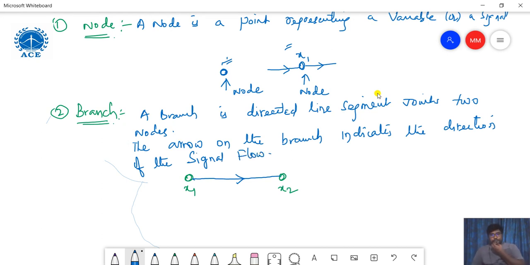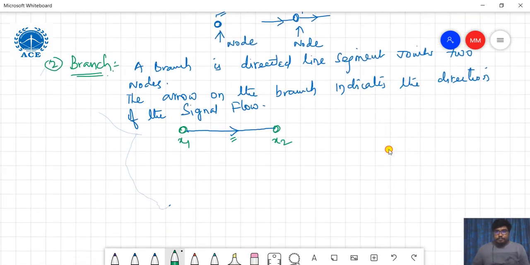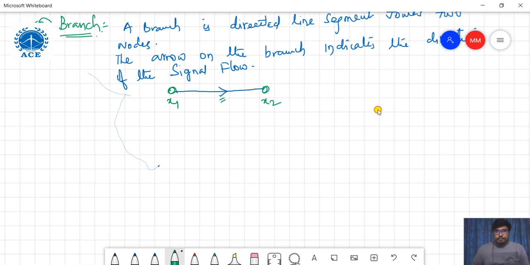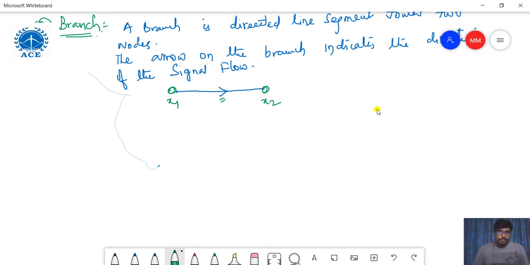The direction indicates the signal flow.